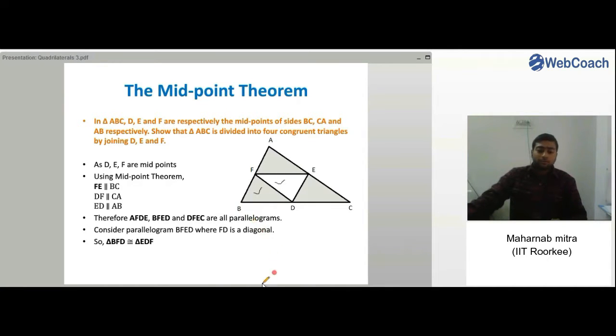And similarly, for other parallelograms where FE may be a diagonal or ED may be a diagonal, we get the same. First, let us consider one of the parallelograms once more, AFDE, where FE is a diagonal. So we can see that FAE is congruent to EDF, right?